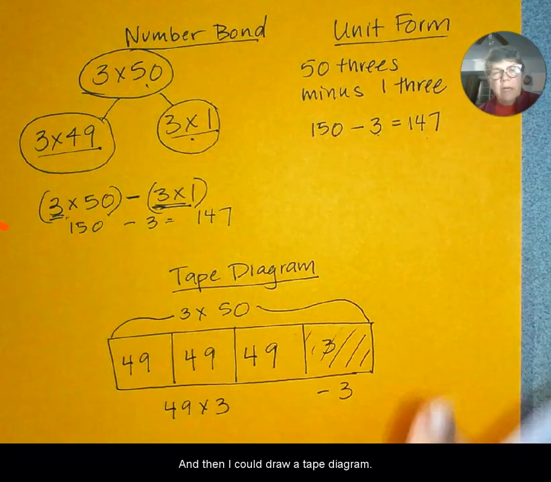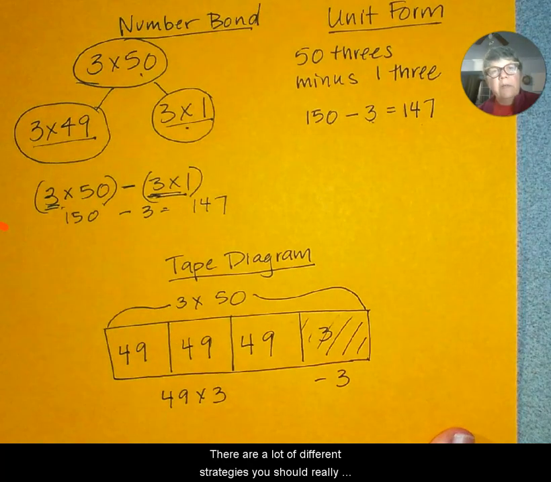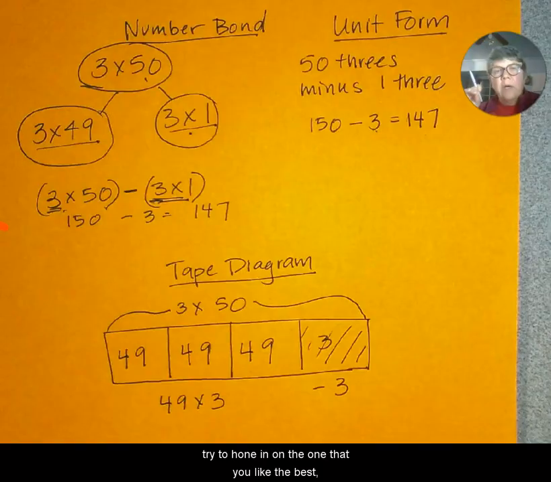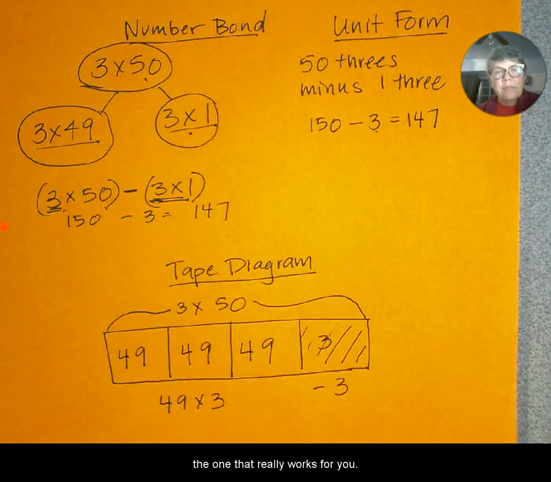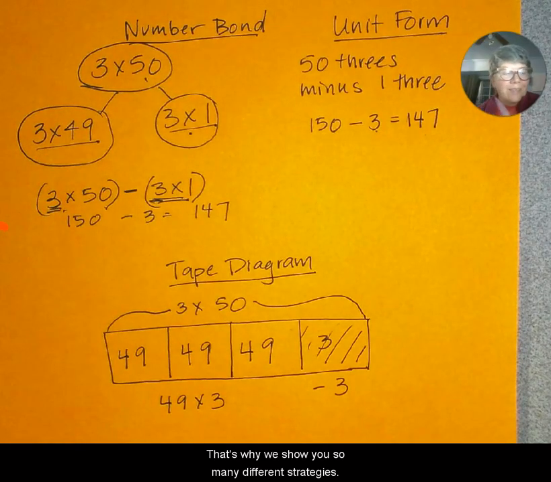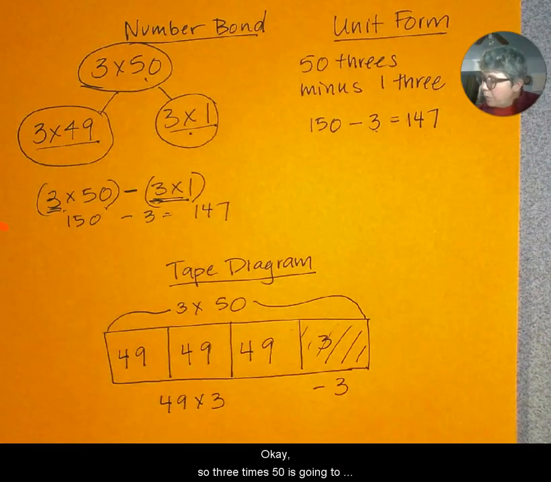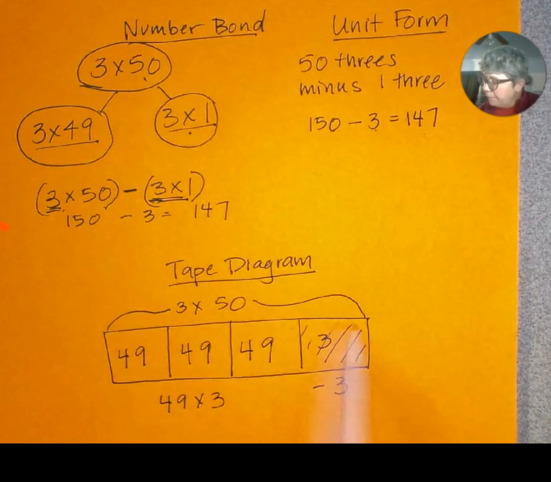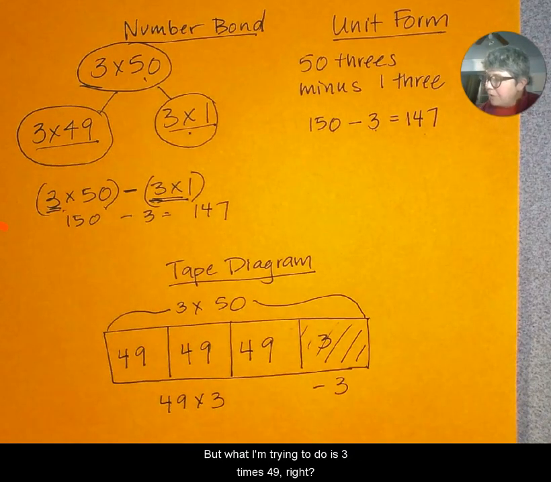Okay, and then I could draw a tape diagram. There are a lot of different strategies. You should really try to hone in on the one that you like the best, the one that really works for you. That's why we show you so many different strategies. Okay, so 3 times 50 is going to be my whole thing here. But what I'm trying to do is 3 times 49, right?